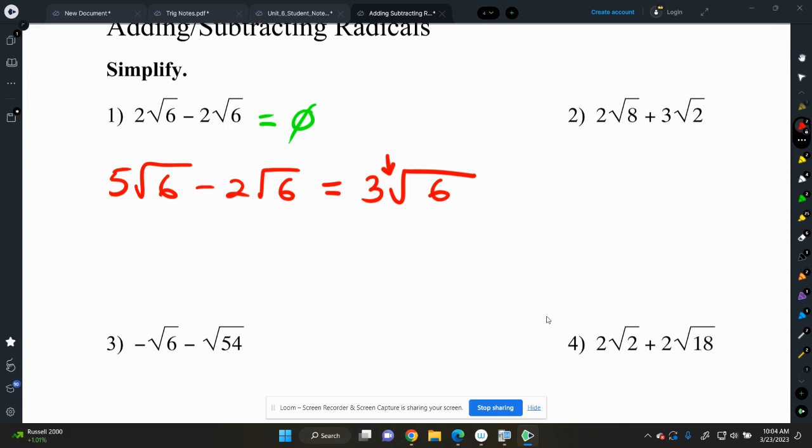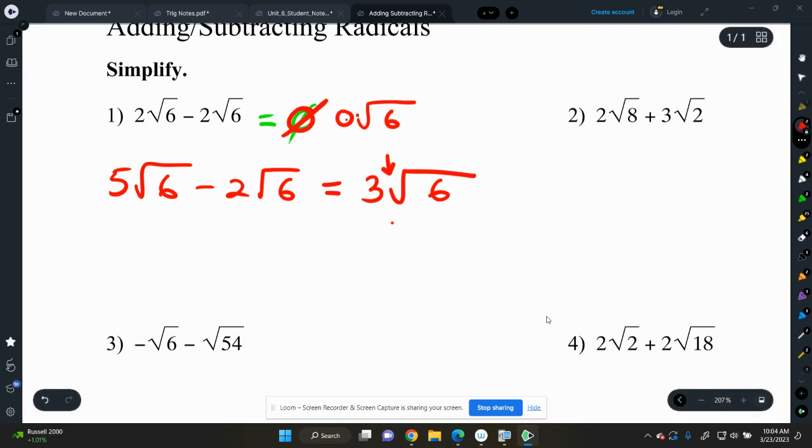Multiplication. This is 3 times root 6. That means I have 3 of those root 6s. So here we get 0 root 6. 2 minus 2 is 0. Well, this is 0 times root 6. What is 0 times anything? 0. So there's my 0.